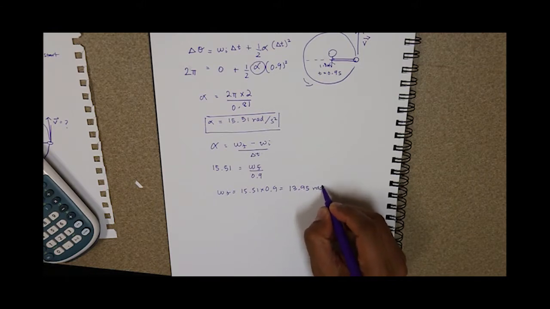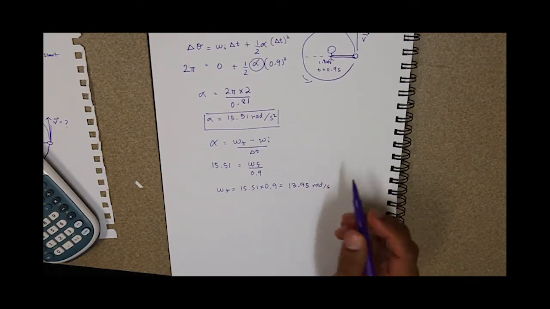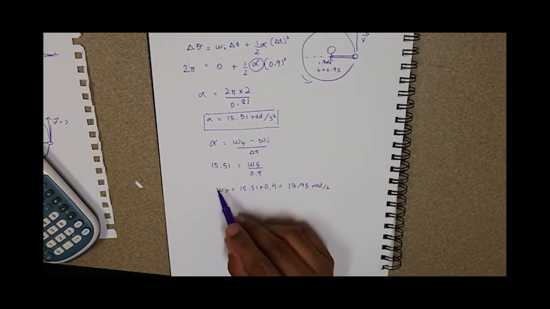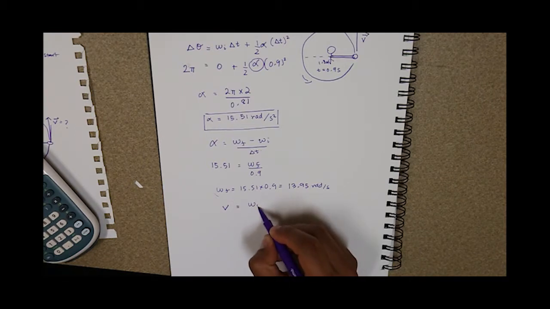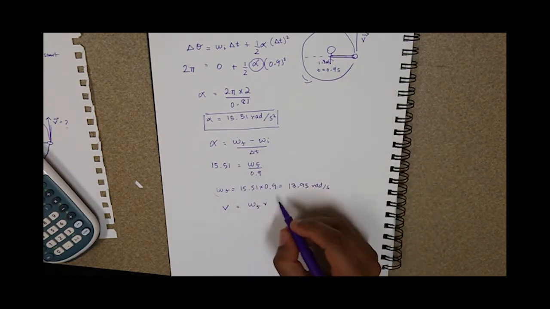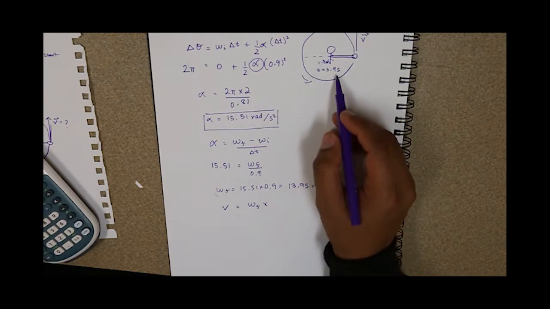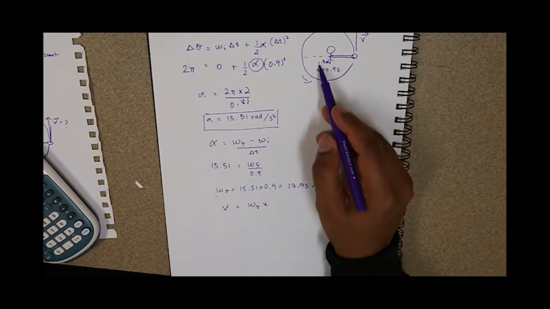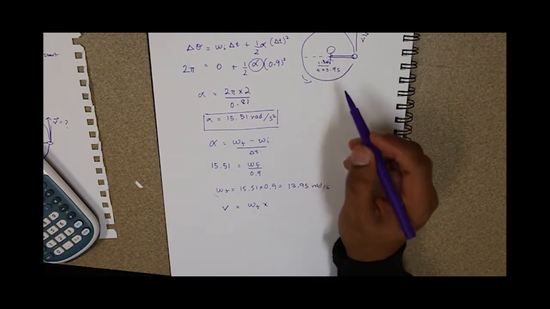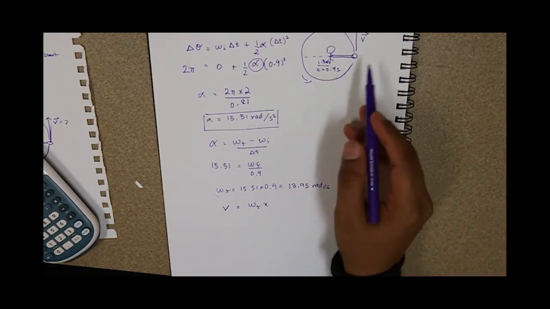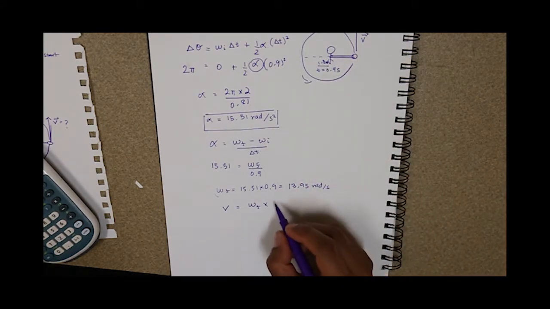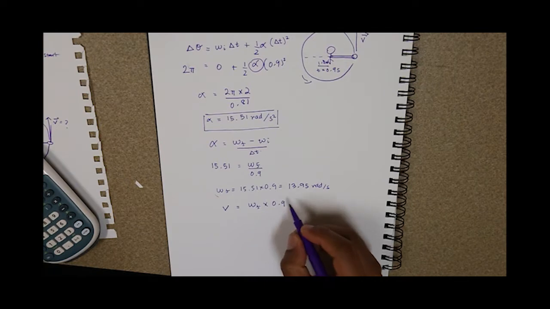That's radians per second. Now from our final angular velocity, we can find out our final linear velocity, which is nothing but our angular velocity times the radius. And our radius is 0.9, which is half the diameter. Our diameter was given to us as 1.8, so our radius is half that, so 0.9 meters.